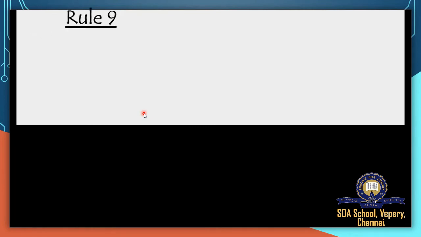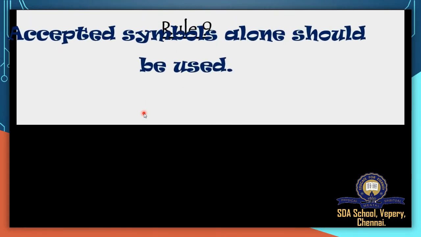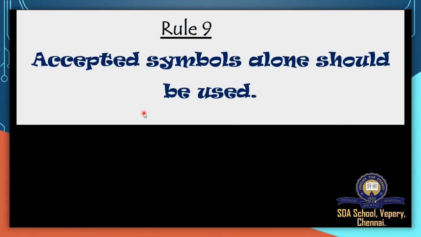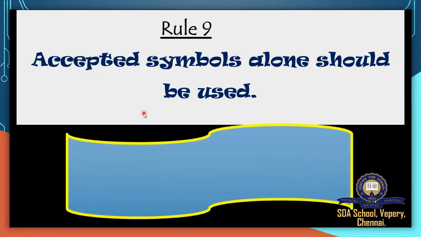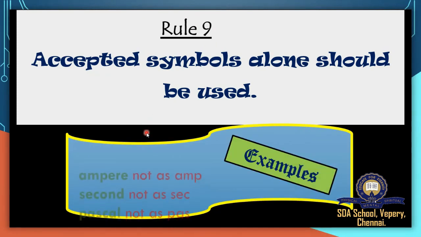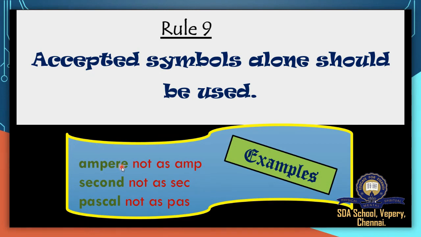Rule 9 states that accepted symbols alone should be used. For example, ampere. It should be written as the whole word ampere, or you can mention it with the symbol capital A, but not as amp or any other word.